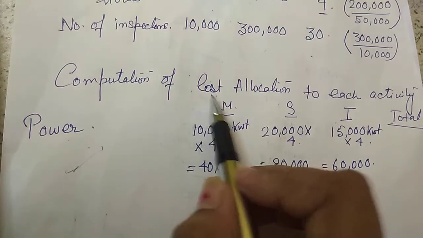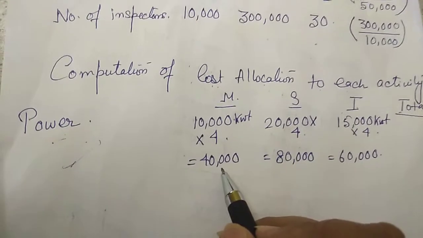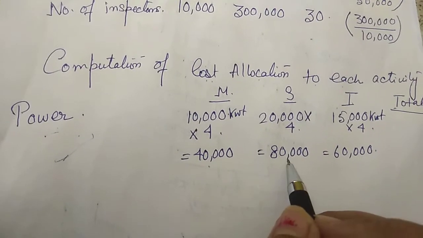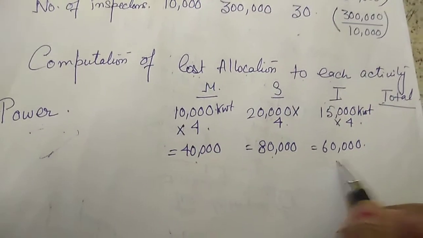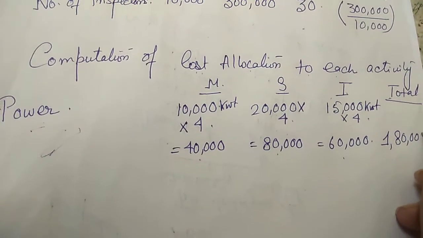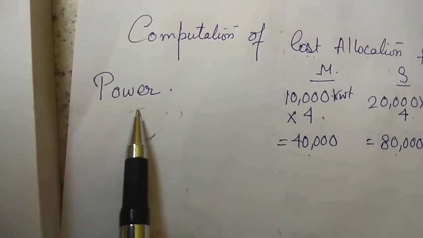So you found out the cost allocation to each activity. This is my activity and how much is the cost allocated to this activity? 40 plus 80 plus 60. It comes to 1,80,000. Power is the activity. Why am I consuming power?